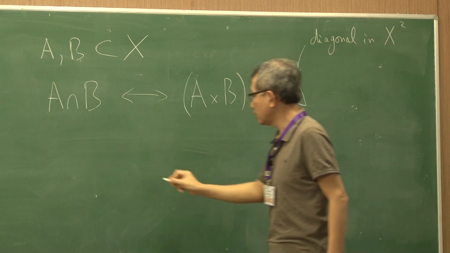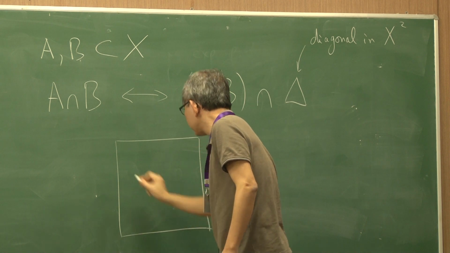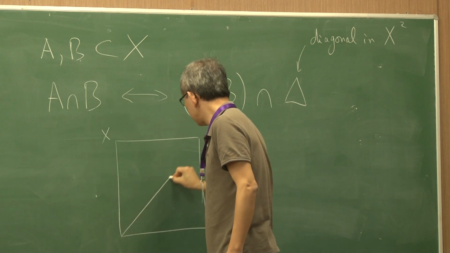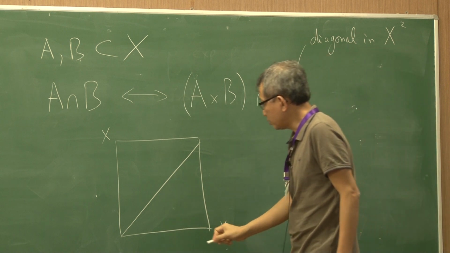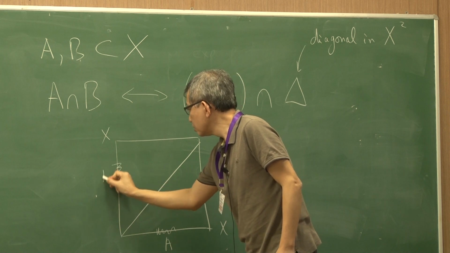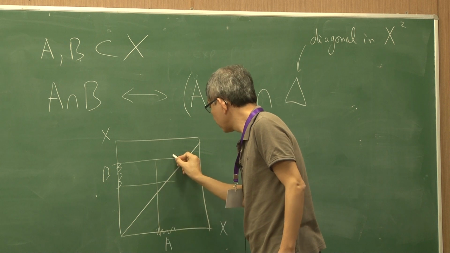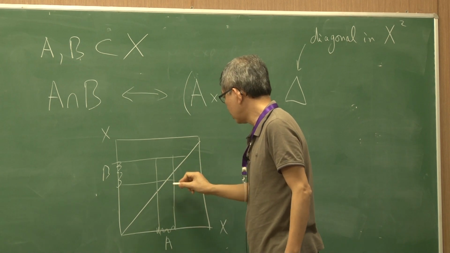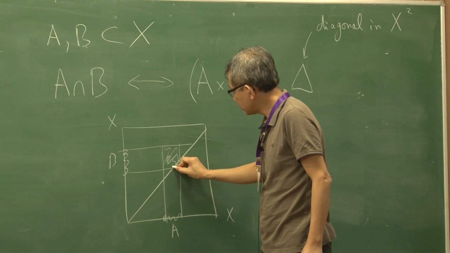Okay, so here is X², here's the diagonal. Now you want to study the intersection of A and B. You just take the product, and you take the intersection with the diagonal.